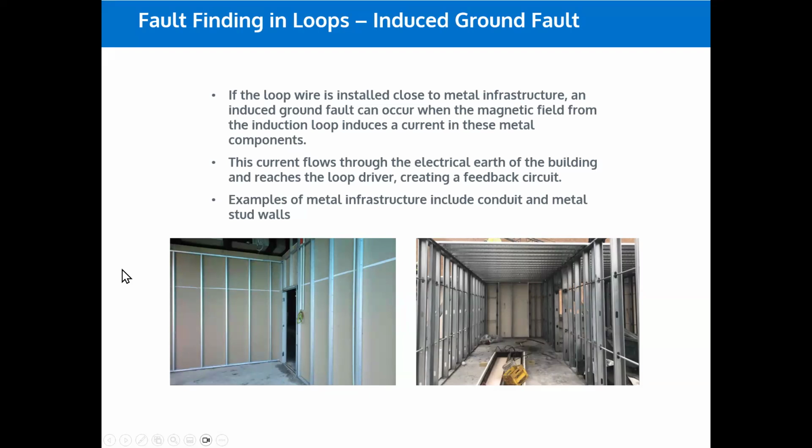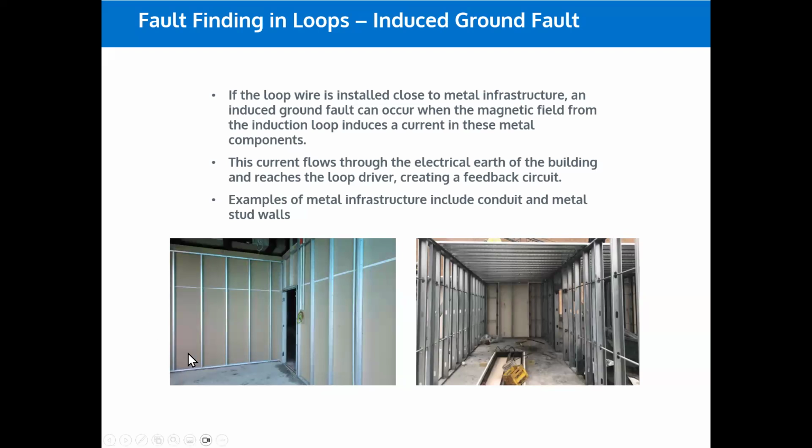What that does is that the magnetic signal being produced by your loop is inducing a current in this nearby metal structure. Another common source of this problem is if you have the loop wire connected close to conduit or anything like that, anything that creates a path which is connected to the building earth.